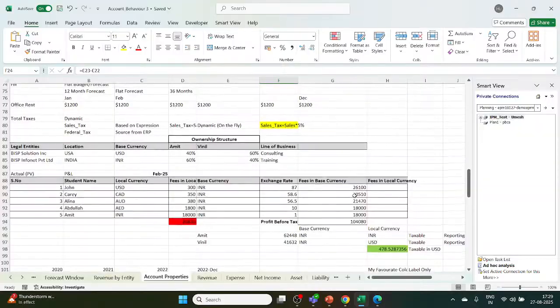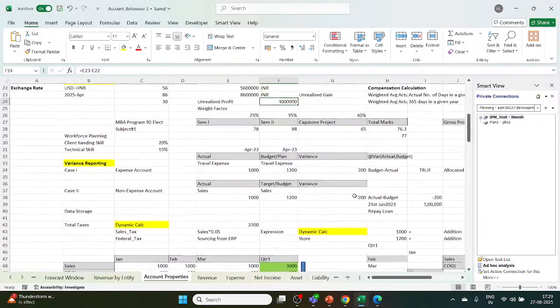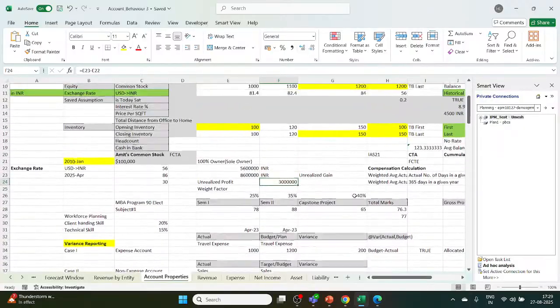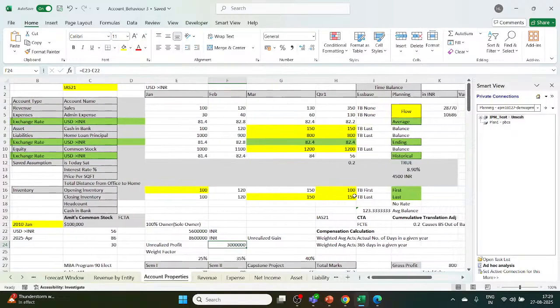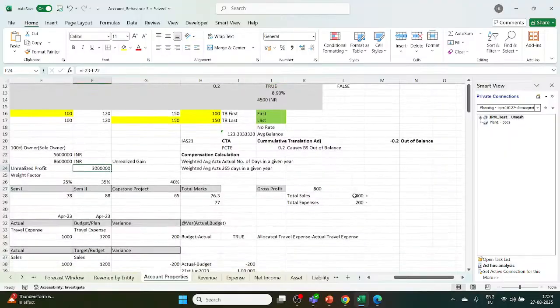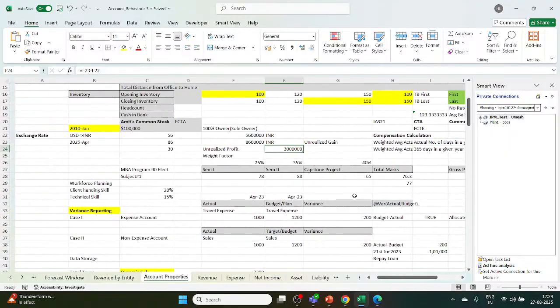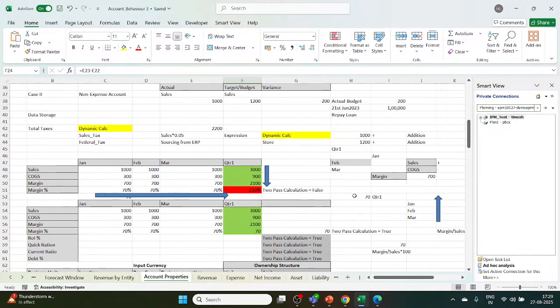And there are different things we can see. We have discussed the time balance property and variance reporting, and now we will move to our database property. So here you can see the dynamic calc.